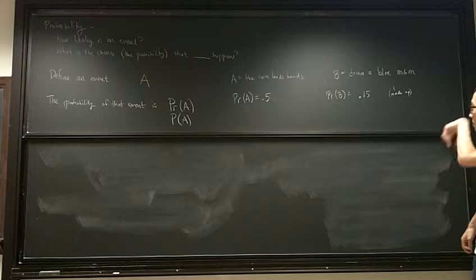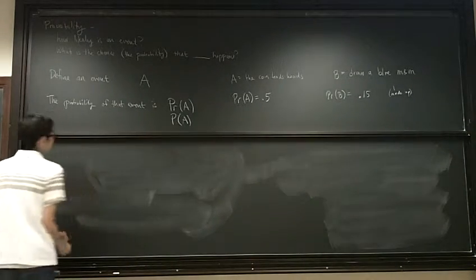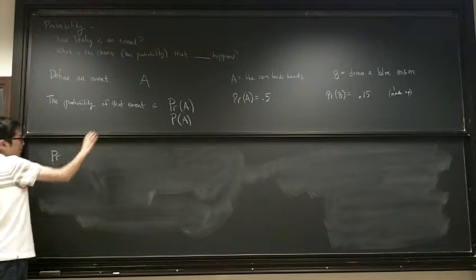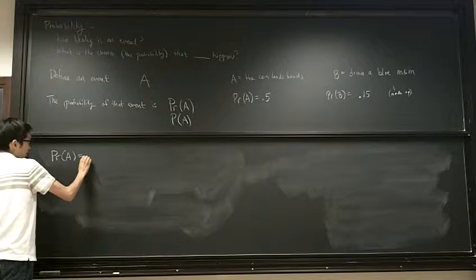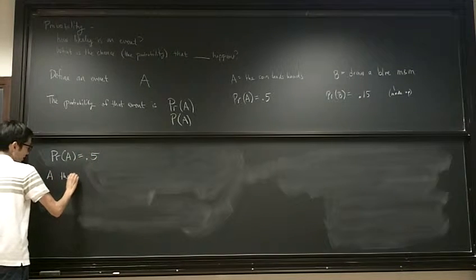All right. Okay, what does it mean? So let's go back to this. So we say probability of A is equal to 0.5. And we're going to say A is the coin lands heads.